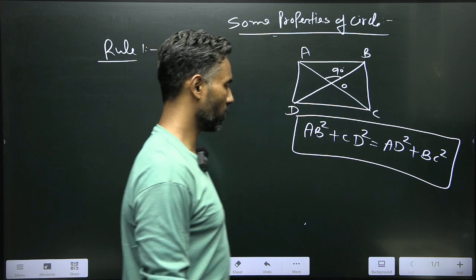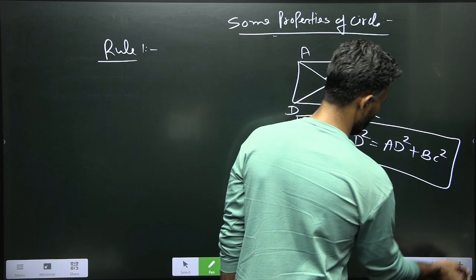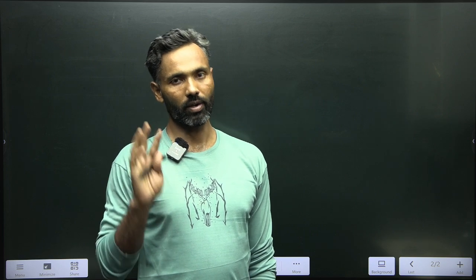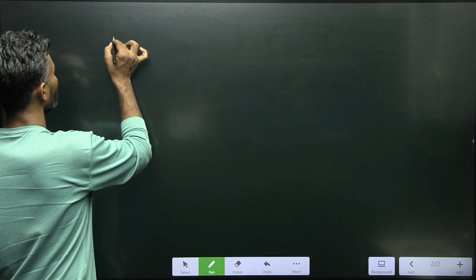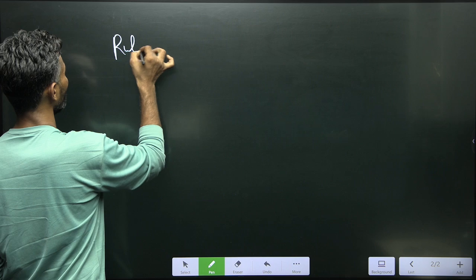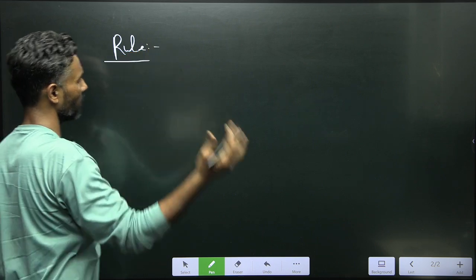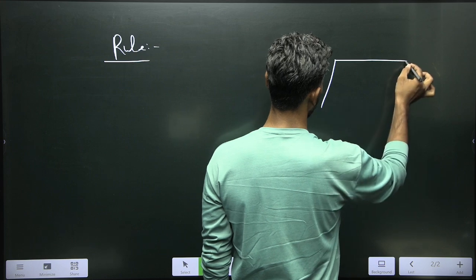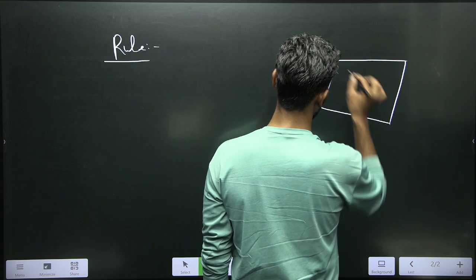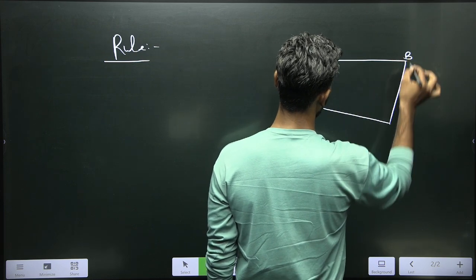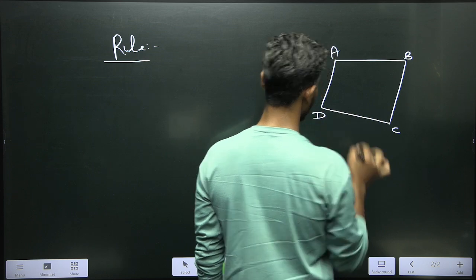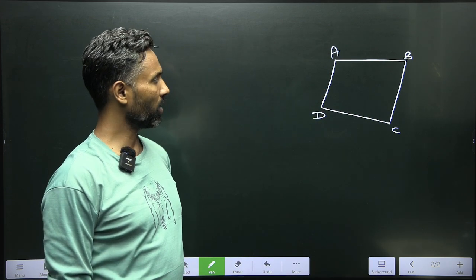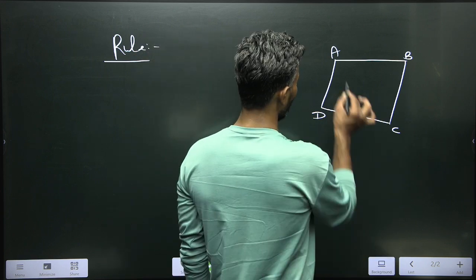Next I'm going to discuss with you another very important rule. Rule 2 says that for any kind of quadrilateral named ABCD, what is going to happen if both the diagonals are drawn?